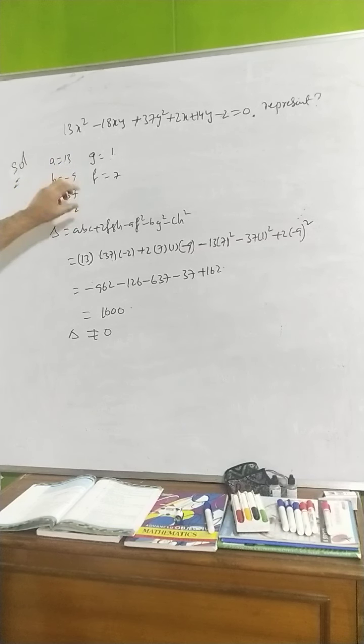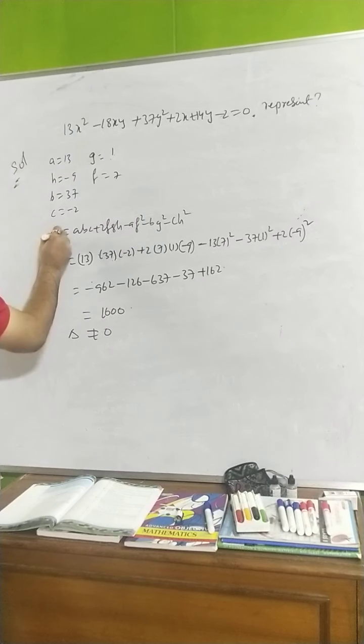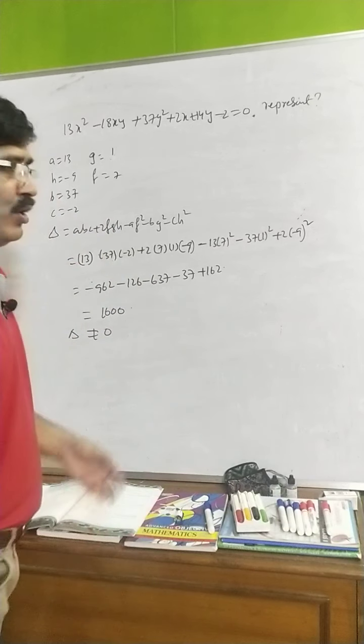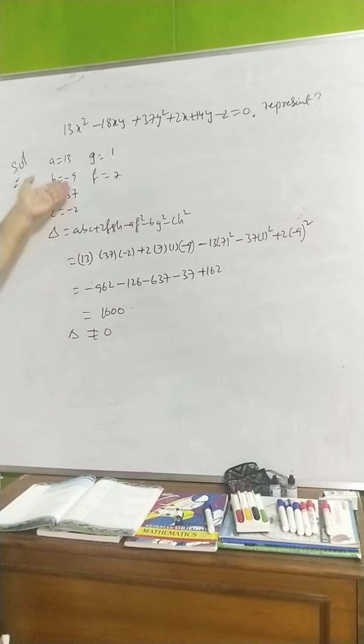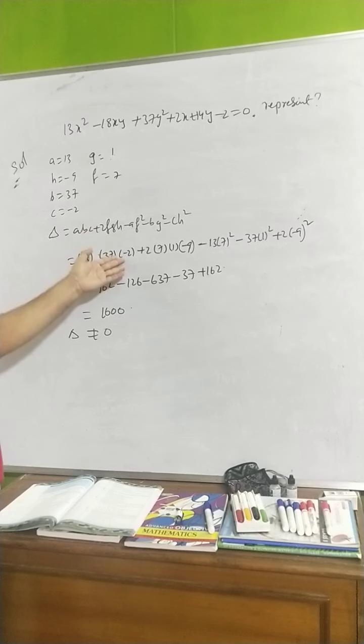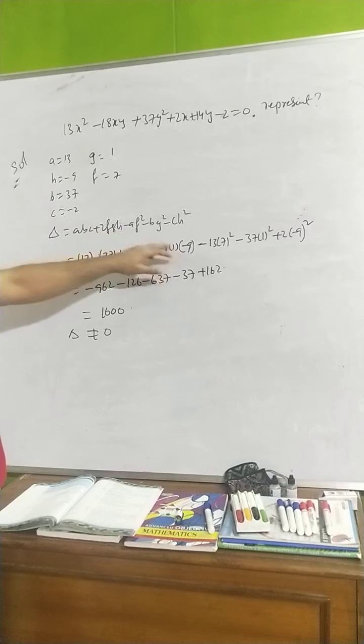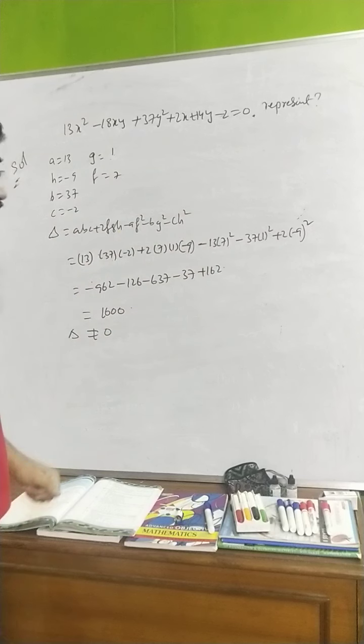I got them and I started substituting these values in the formula, that is delta. I am trying to find whether delta is equal to 0 or not. So I substituted here: a is 13, b is 37, c is equal to minus 2, g is 1, h is equal to minus 9, and f is 7. I substituted in this one.